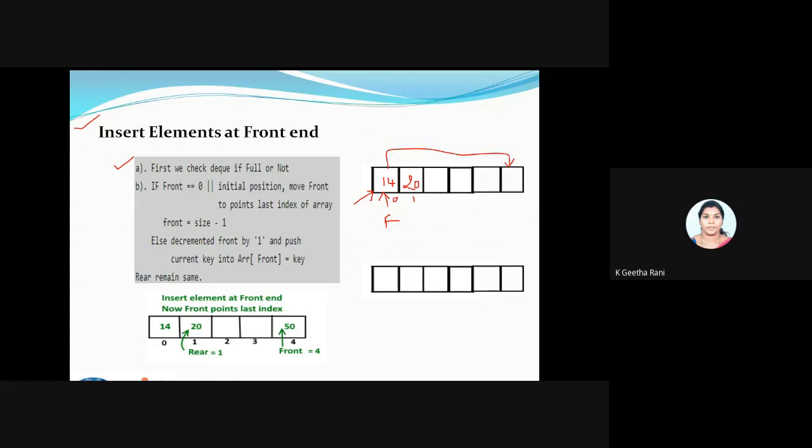front to size minus 1. Sometimes this space might be empty. For example, assume this is your rear end. We have this much space, but we can't add before this. So I'll point front to size minus 1, because it's a circular array. I can add like this also.